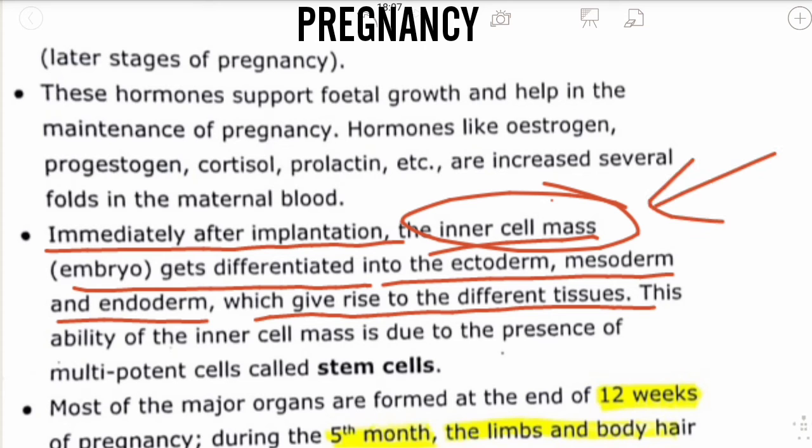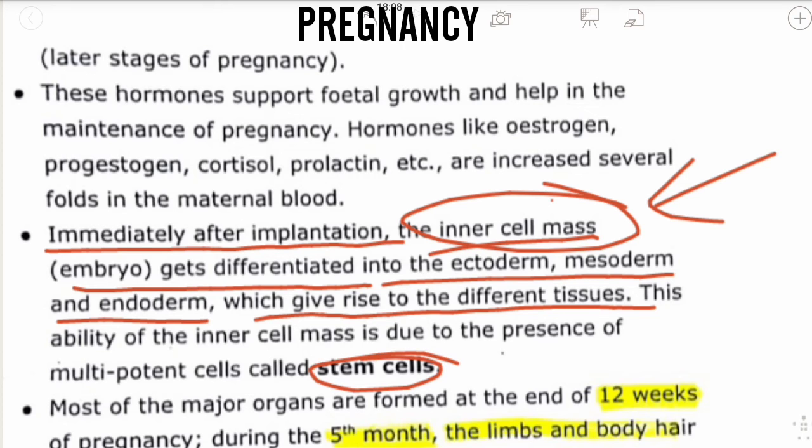The trophoblast is important for the attachment, but the inner cell mass differentiates into ectoderm, mesoderm and endoderm, which give rise to different tissues, such as the nervous system, digestive system and excretory system.